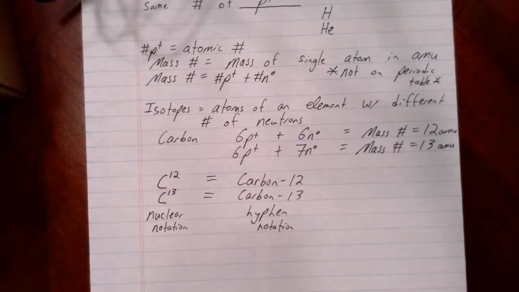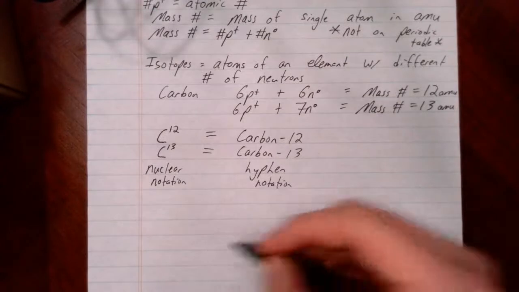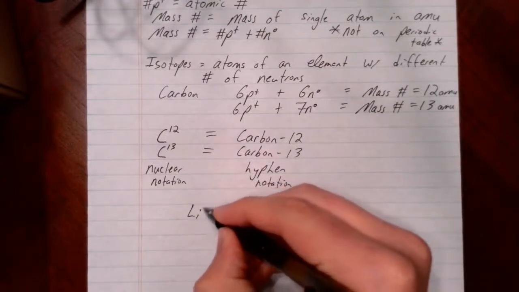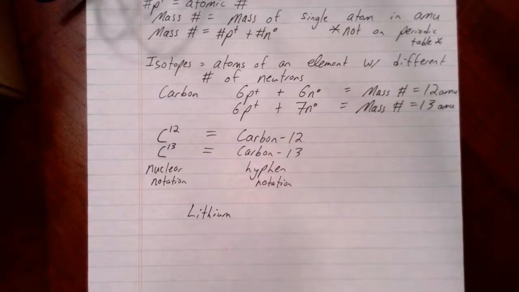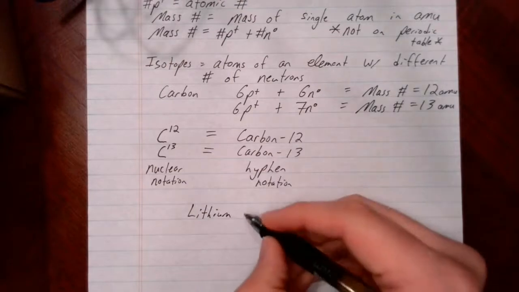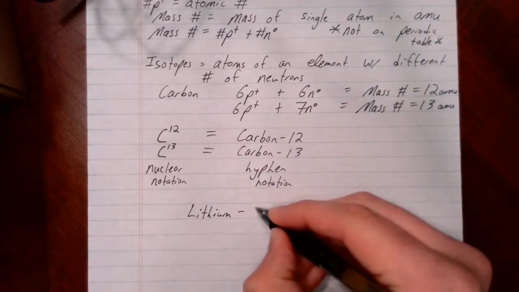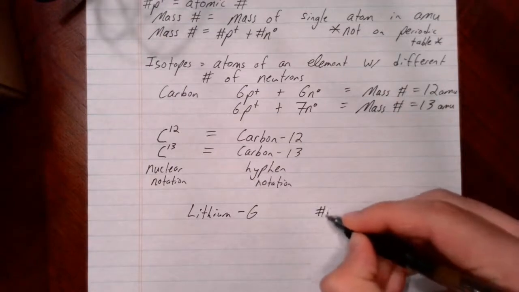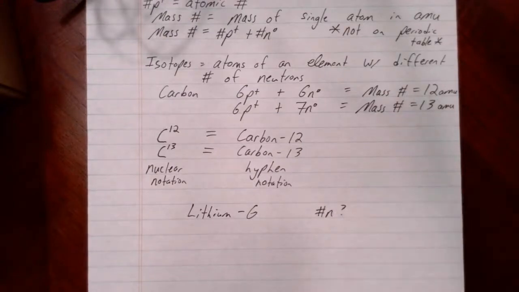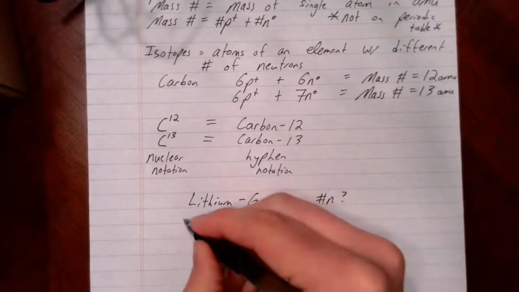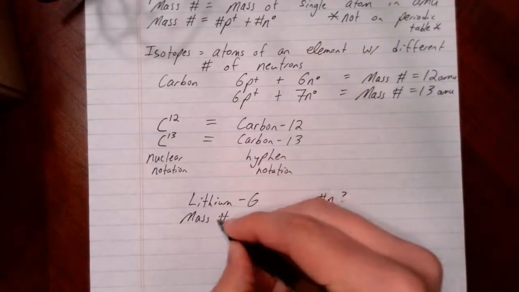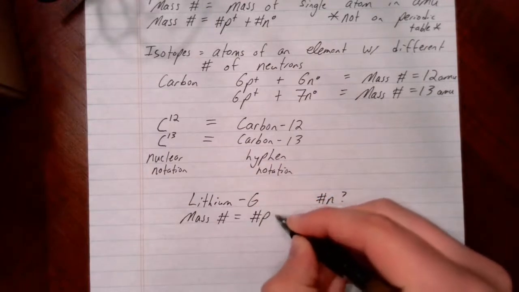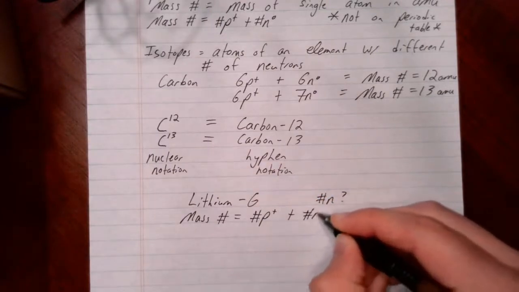So if I know the identity of an atom, let's just say lithium, for example, when I know an atom's name, I automatically know the number of protons. So if I have lithium-6, for example, could I use this information to determine the number of neutrons? Hopefully you see yes, we could, because the mass number is equal to the number of protons plus the number of neutrons.